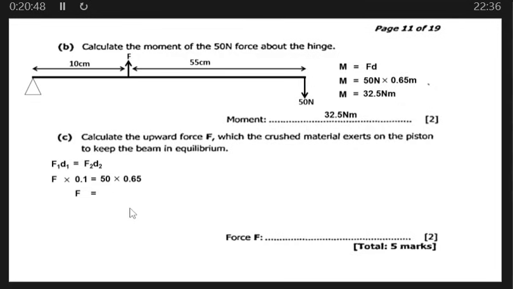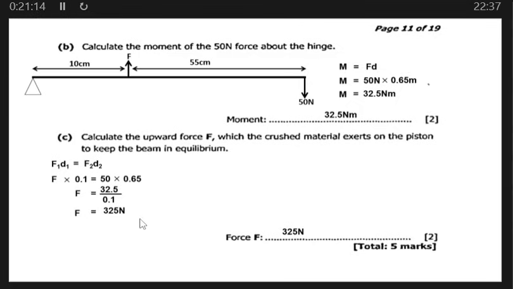So F is going to be 50 times 0.65, which will be 32.5, then divided by 0.1. When we divide 32.5 by 0.1, we are going to get 325 newtons, which means that the force acting upwards is 325 newtons.